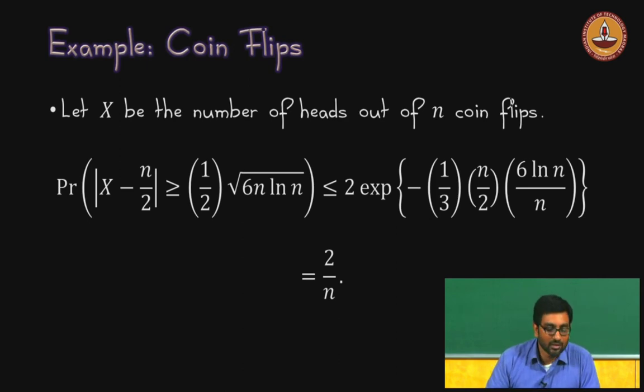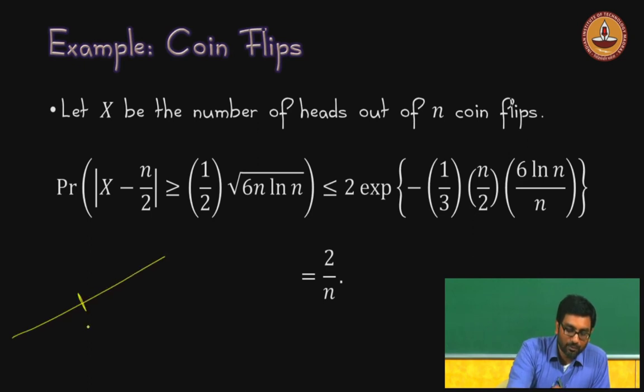So, we want to ask what is the probability that, in the particular example that we had, n was 10,000. So, the mean would have been something like 5,000. And we are asking what is the probability that it deviates away from the mean by this quantity.